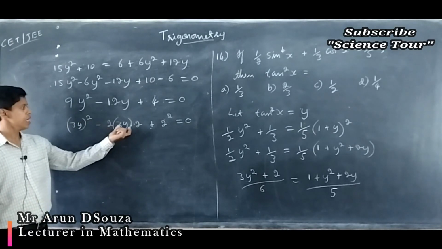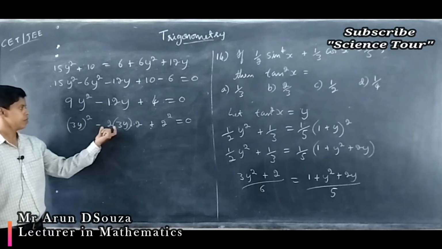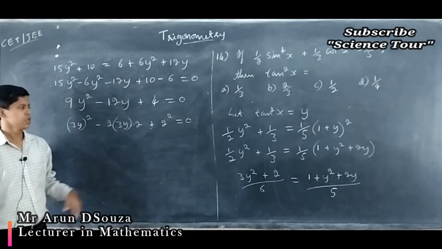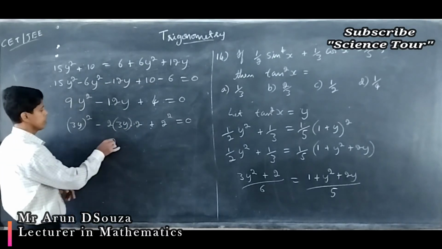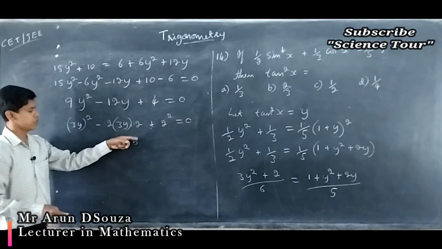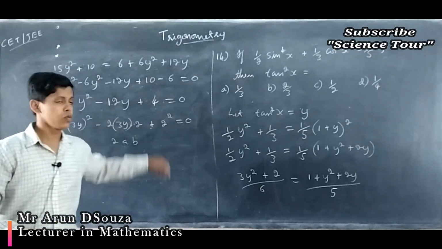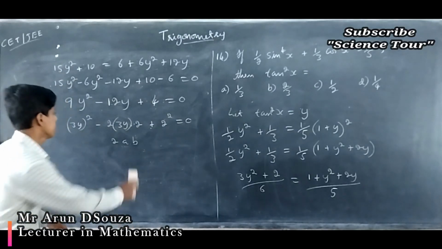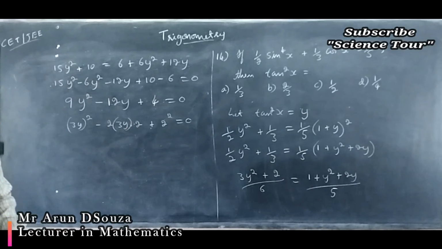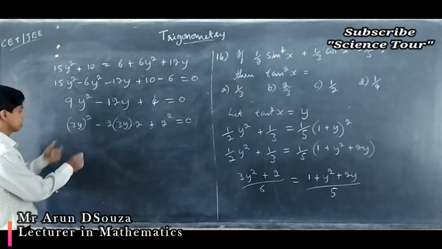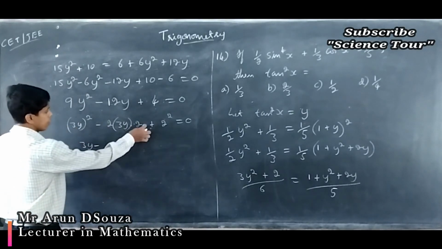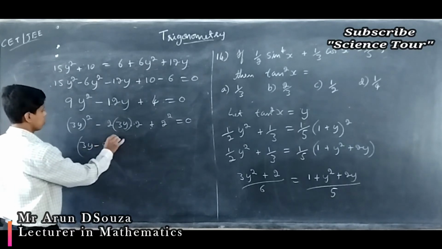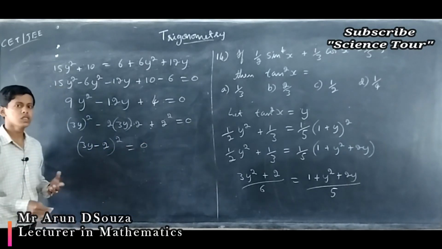So this is a square minus 2ab plus b square, where b is 2. So what can we write this as? A minus b whole square, and what is a? 3y, and b is 2, the whole square is equal to 0.